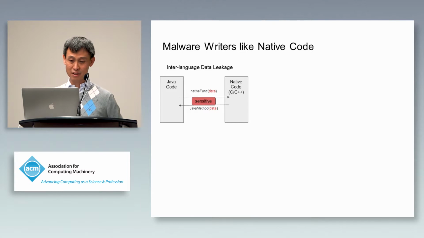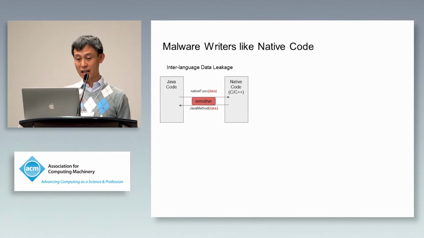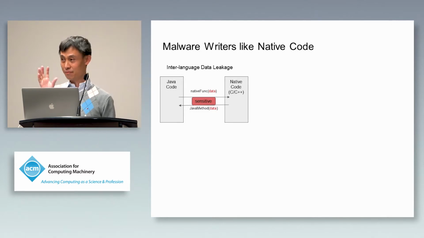You can have the data being passed between the two worlds, and the data gets leaked. So if we are not able to analyze the native part of the app, then we'll not be able to capture those data leaks.